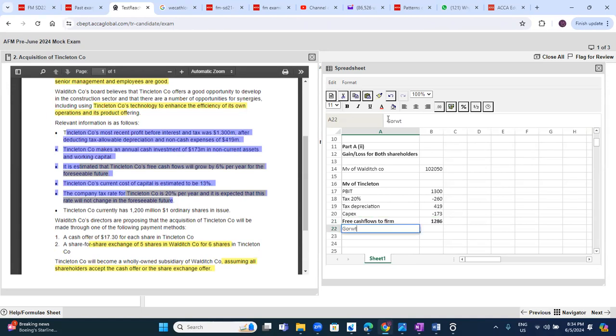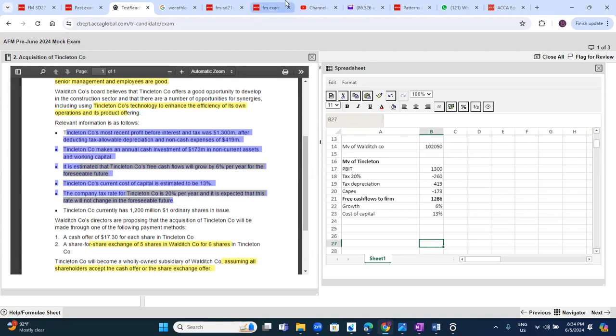Okay, growth is given. Only one growth is given, that is 6%. Cost of capital is given, and that is 13%. No other information is given. So if one growth is given, simply apply the formula: cash flows into 1 plus g divided by cost of capital minus g.